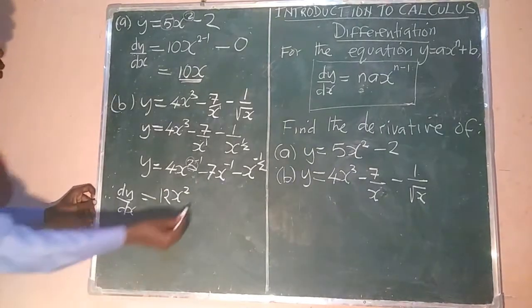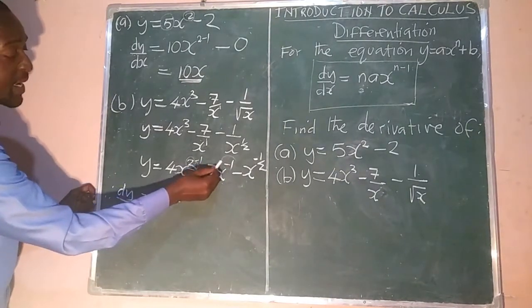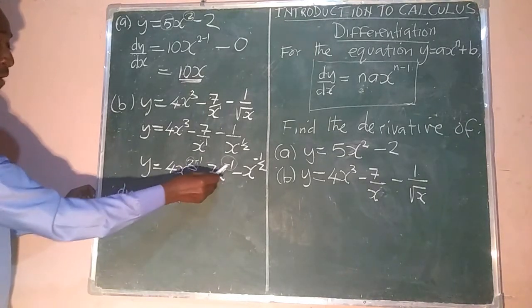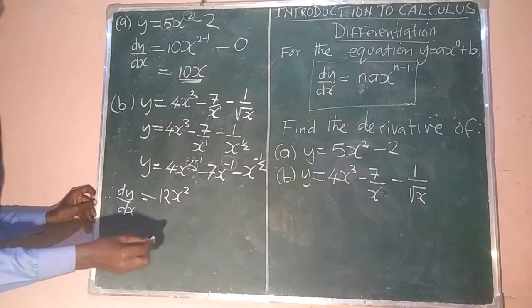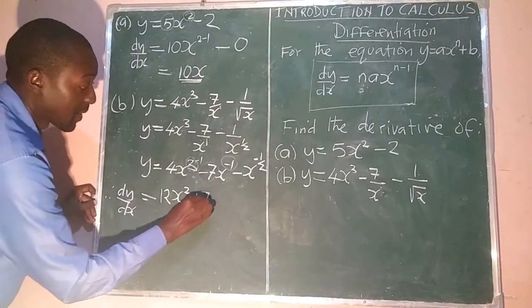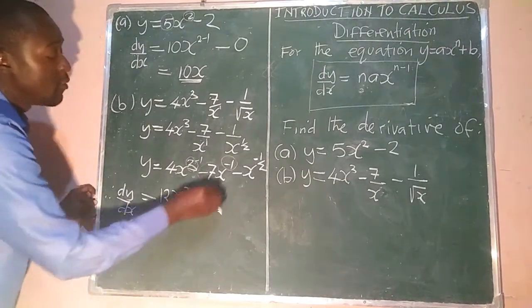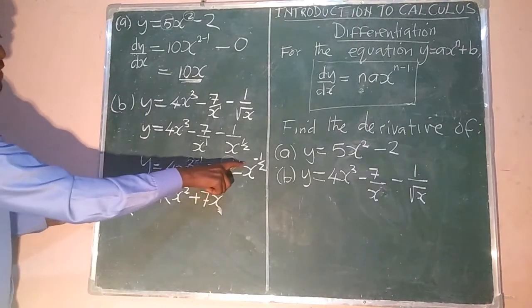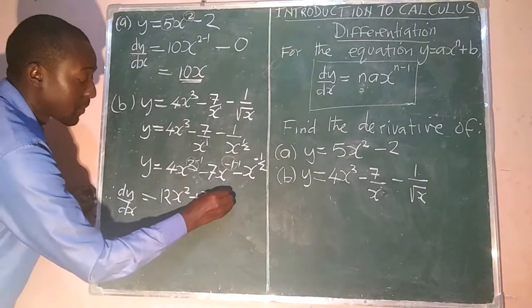Then you multiply the negative 1 times the negative 7 that we have. Negative 1 times negative 7 gives positive 7. So you have plus 7x, and then you subtract 1 from the power. Negative 1 minus 1 gives negative 2.